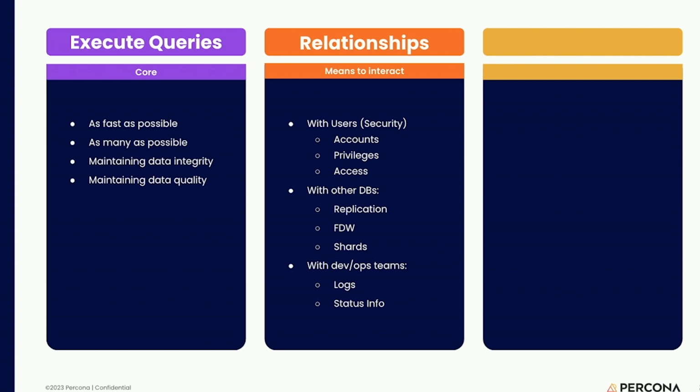Databases need to have the ability to provide some sort of security, with accounts, privileges for those accounts, some sort of access control, relationships with other databases, replication, foreign data access with FDW if you're using Postgres, sharding, and then the relationship with actual people, devs and ops teams.